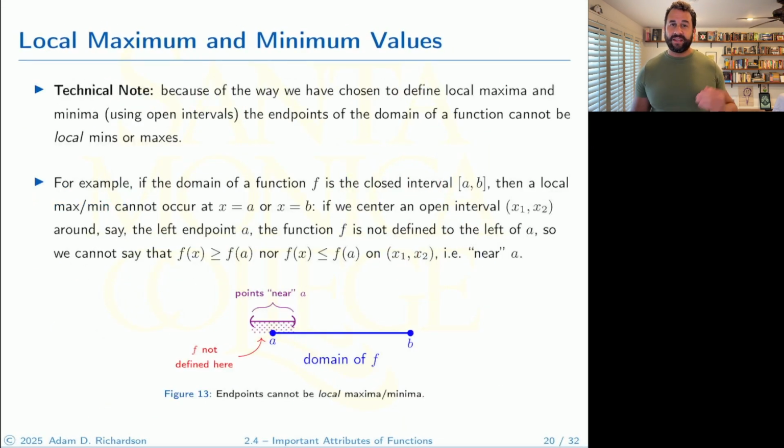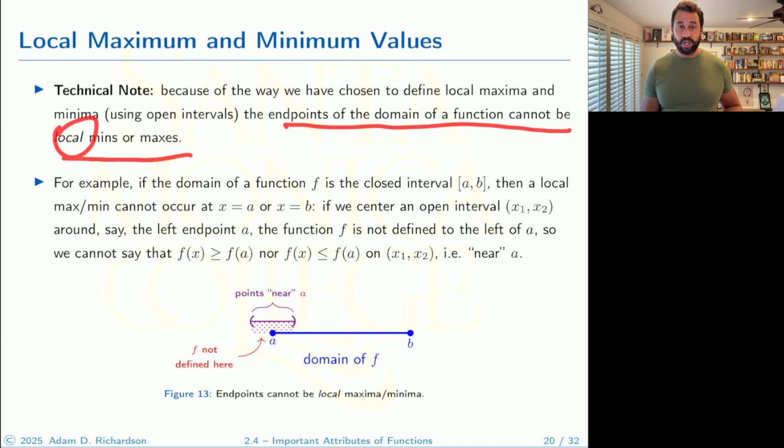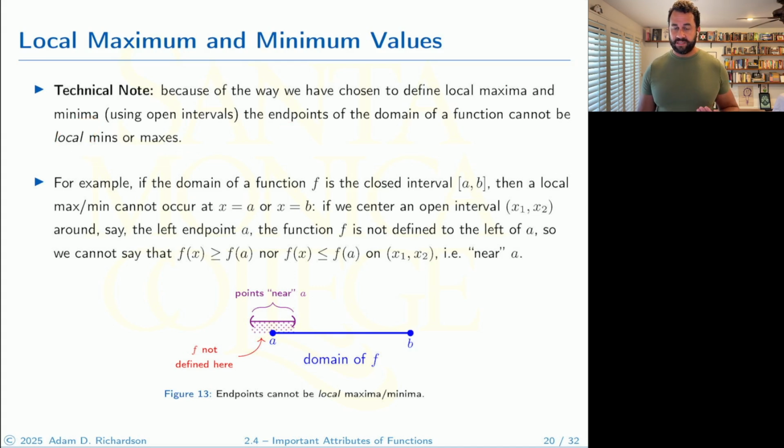Okay, so there's a technical note that we need to talk about here, because this can clear up a lot of problems. And this is consistent with what you will see when you take Calculus 1. Because of the way we've chosen to define local maxima and minima using open intervals, endpoints of the domain of a function cannot be local mins or maxes.